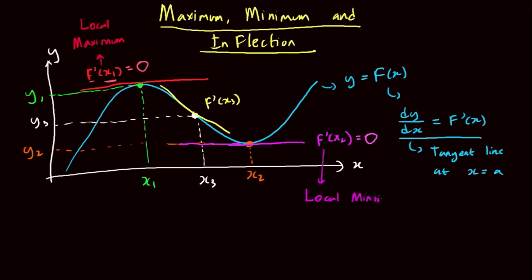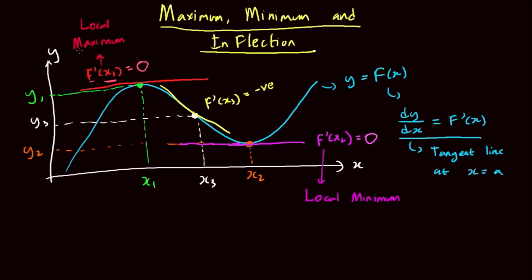And basically f prime x3 is obviously clearly negative, it's going in a negative direction. We're not going to talk about f prime x3 for now, but let's talk about f prime x1 and f prime x2. So what is the local maximum actually?